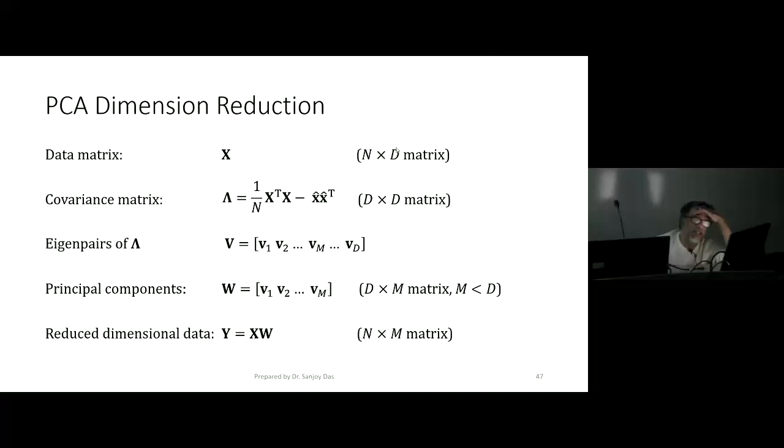D is the dimension and n is the number of samples. Now you get an n by M matrix. So these y's are n sample points in only M dimensions. So we accomplished a reduction of the total number of dimensions.